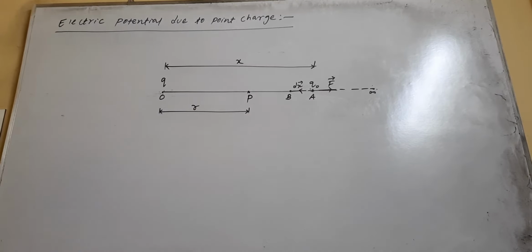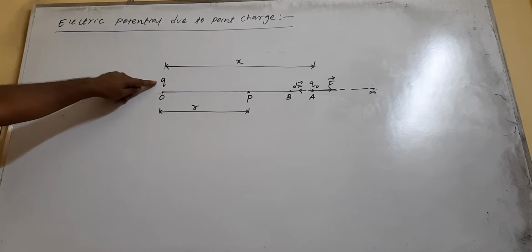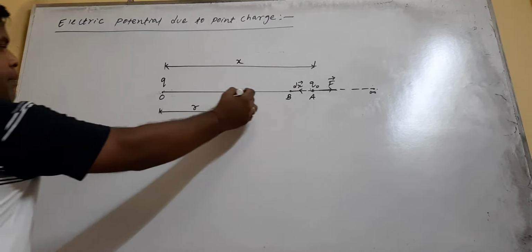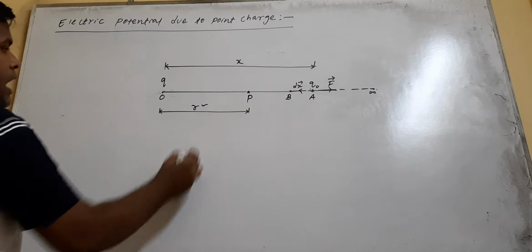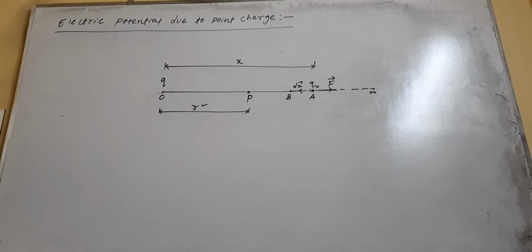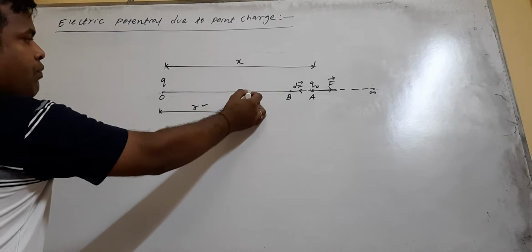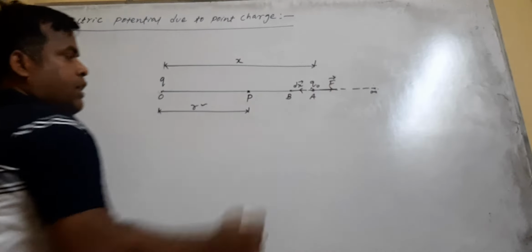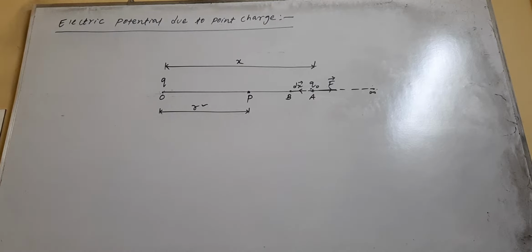Here we have considered a positive source charge at O. Let P be a point at a distance r from O, where we want to find electric potential. Here Q0 is a test charge.